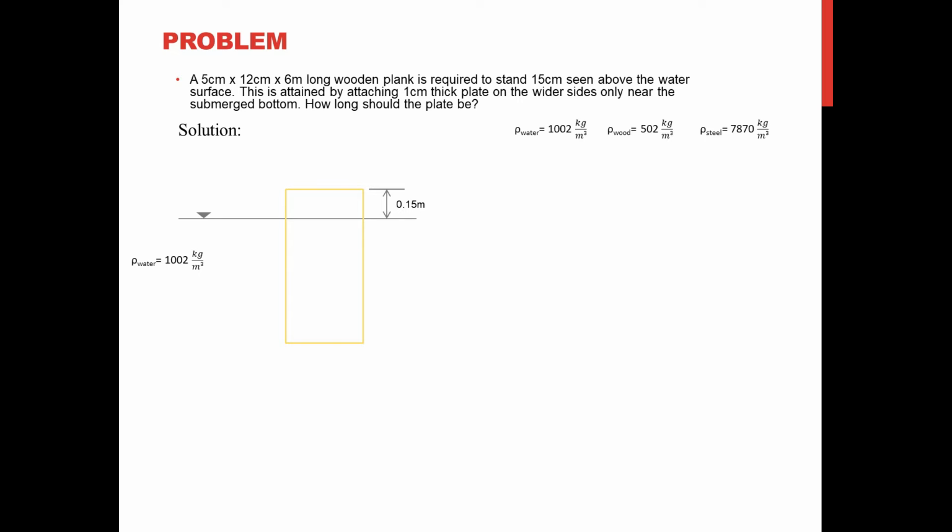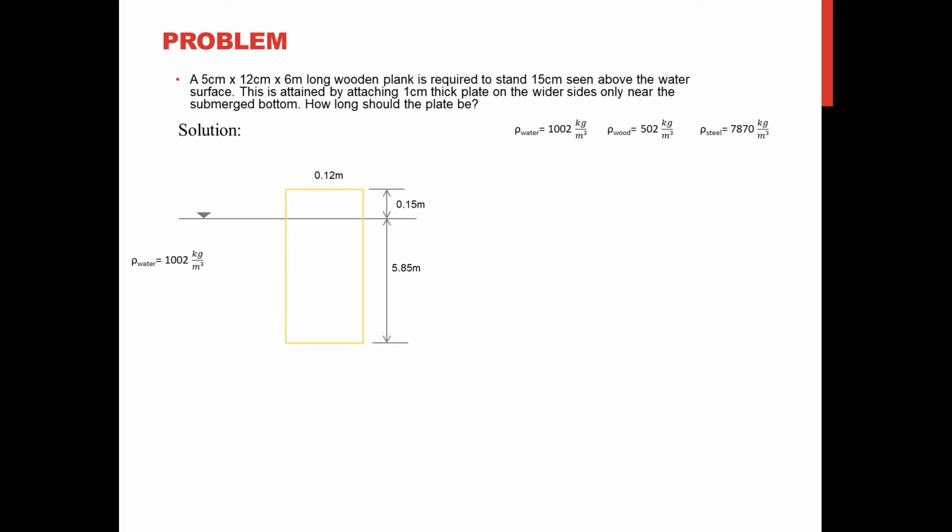That would be equivalent to 0.15 meter. And if the total length of this wooden plank is 6 meter, of course, 6 minus 0.15, that is 5.85 meter. So 5.85 here is noted to be the submerged length.